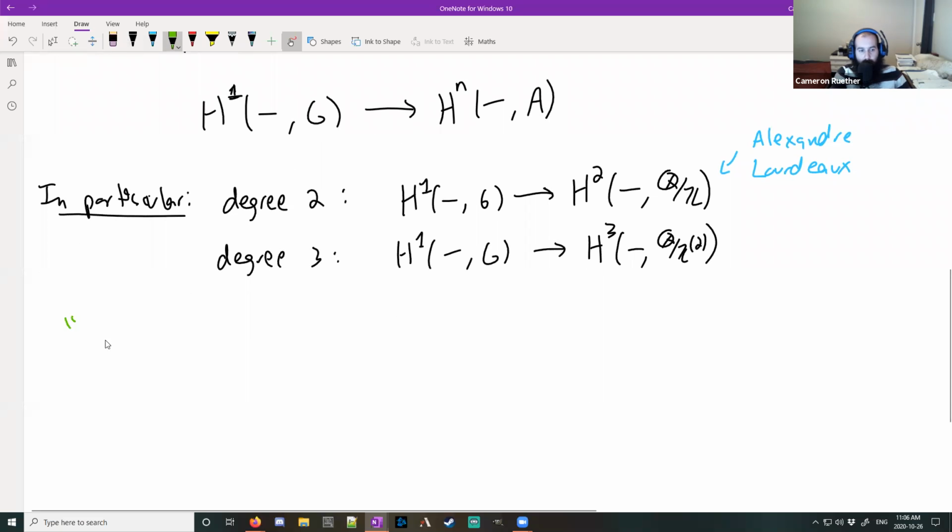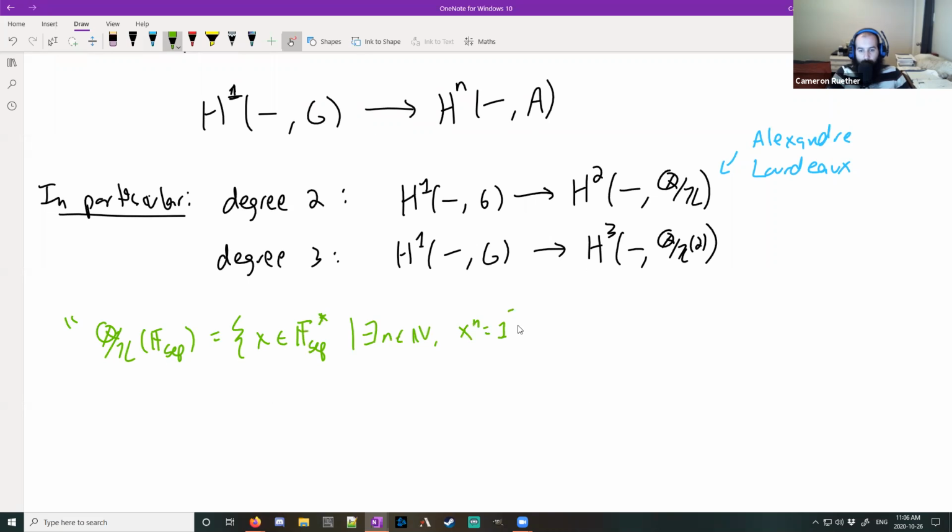Intuitively, you can think of Q mod Z over F as the set of units such that they're roots of unity. This is the general idea. And so when we discuss degree 2 invariants or degree 3 invariants, these are what we're talking of.